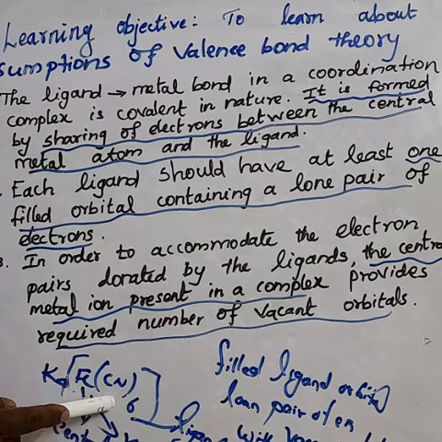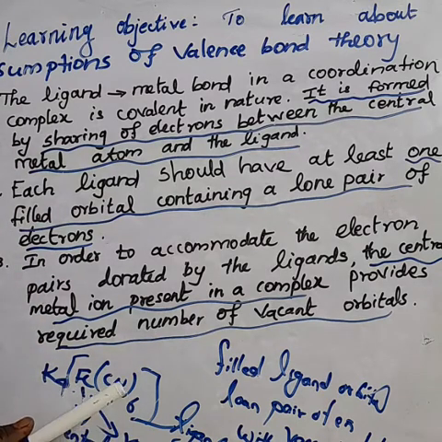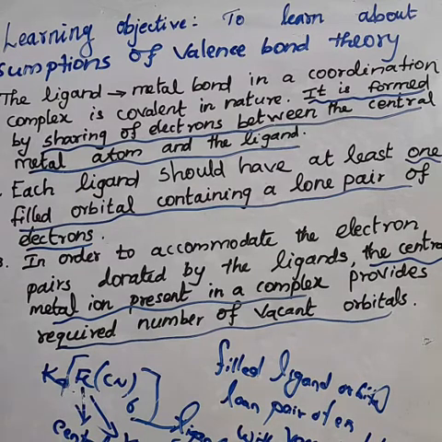It relates to the ligand: each ligand must have a filled orbital containing a lone pair of electrons. Next, the central metal ion present in the complex provides the required number of vacant orbitals. These are the three main assumptions of valence bond theory.